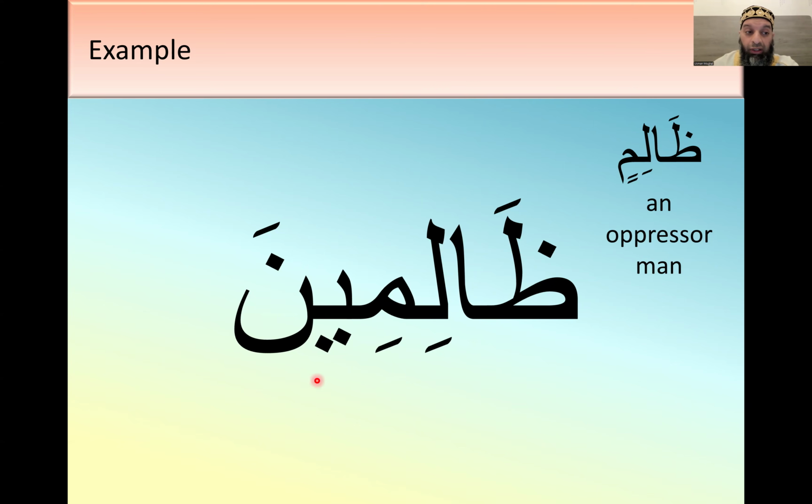So what's zalimina? Una and ina endings, oppressing men, correct. Zalimina is oppressors, men. What's the other way of saying it? Zalimina is one way. Zalimuna, excellent.